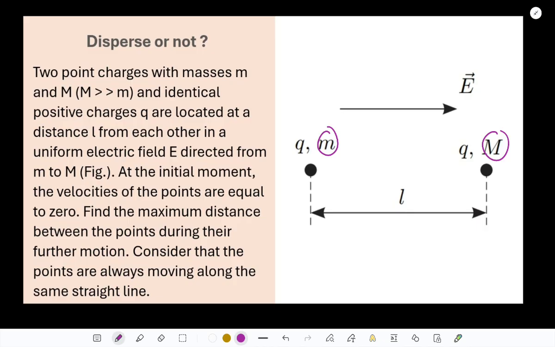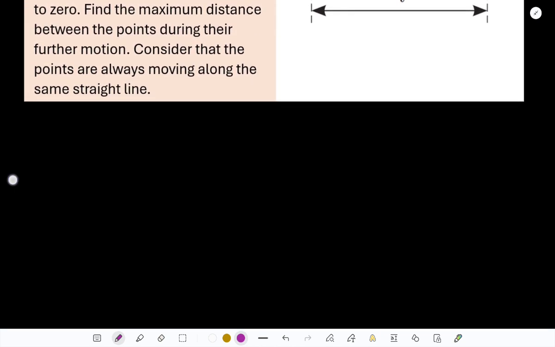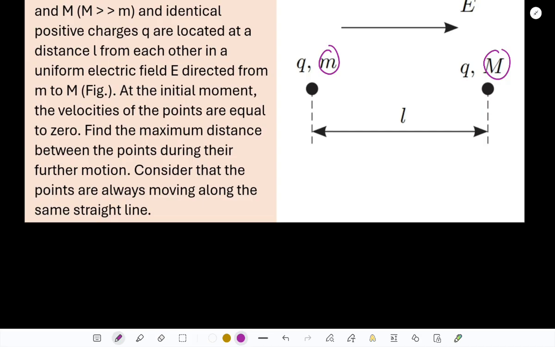So we need to solve this, and we can start with Newton's second law of motion, because I can see here this charge q is acted upon by two forces.